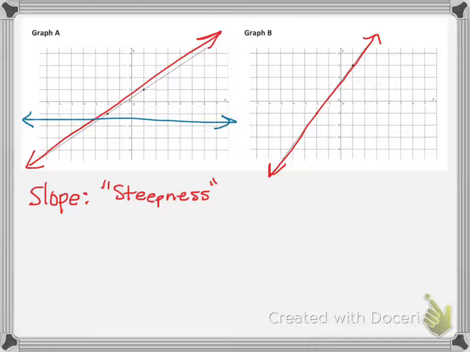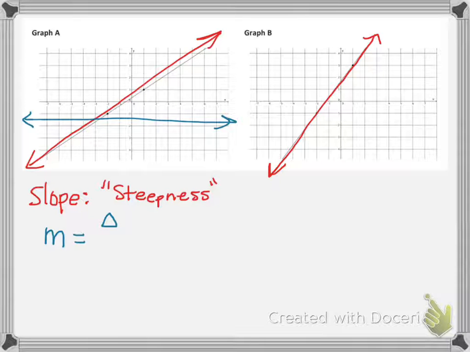Now, sometimes we call the slope the variable m. We've chosen that just as a standard. It could have been any letter, but m is slope. The way that we find m is we find out how our y values change.